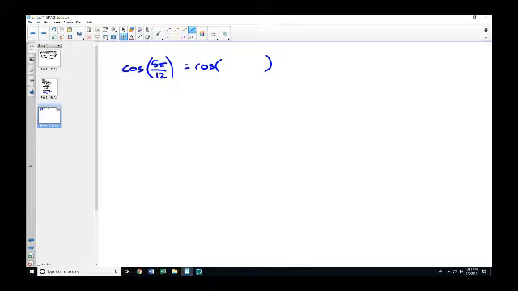Again, convert everything to twelfths. 2 pi over 12 and 3 pi over 12 works, right? If you simplify in radians, that's pi over 6 and pi over 4. You simplify those fractions.